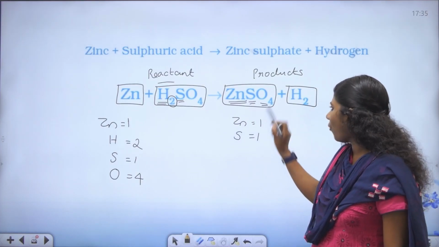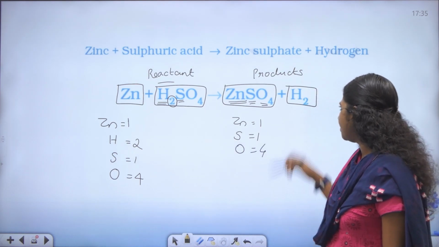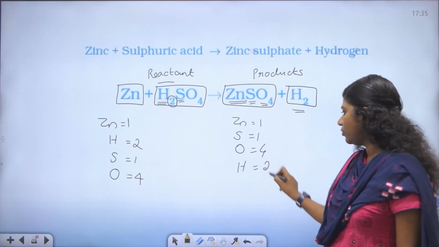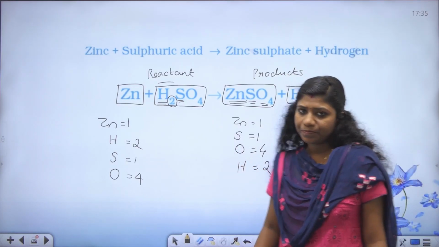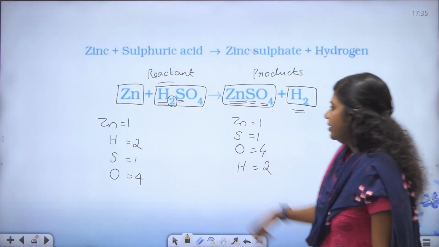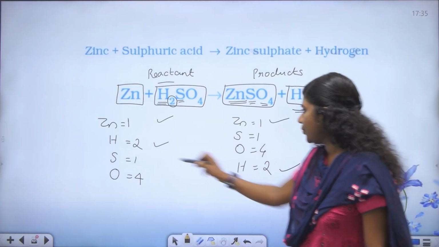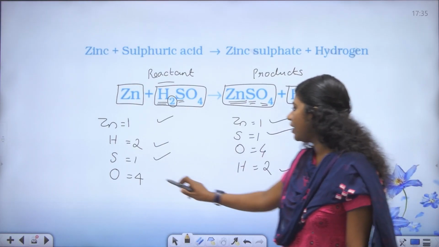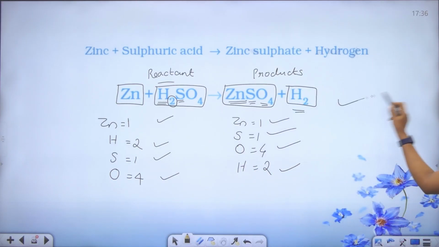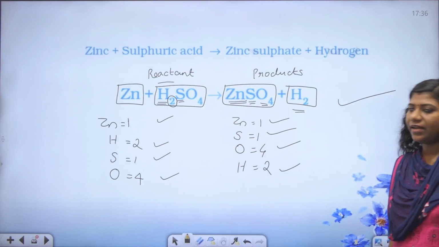The total number of oxygen atoms in the product side is 4. The total number of hydrogen atoms in the product side is 2. Then check the values of reactant and product. Zinc 1, hydrogen 2, sulfur 1, oxygen 4. That means this equation is already balanced.